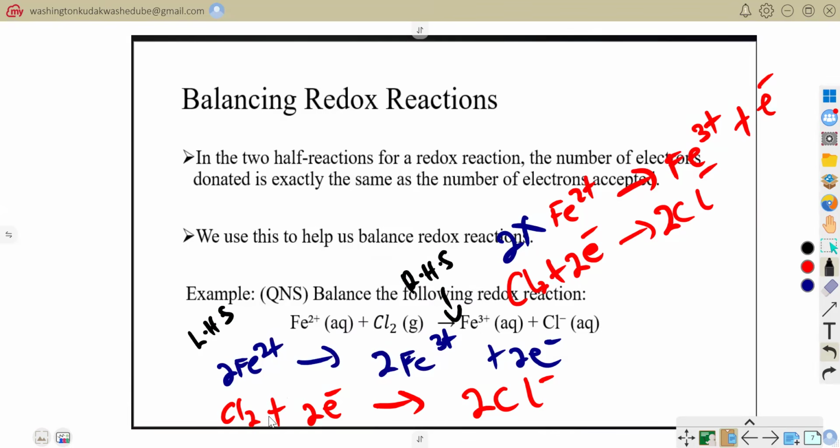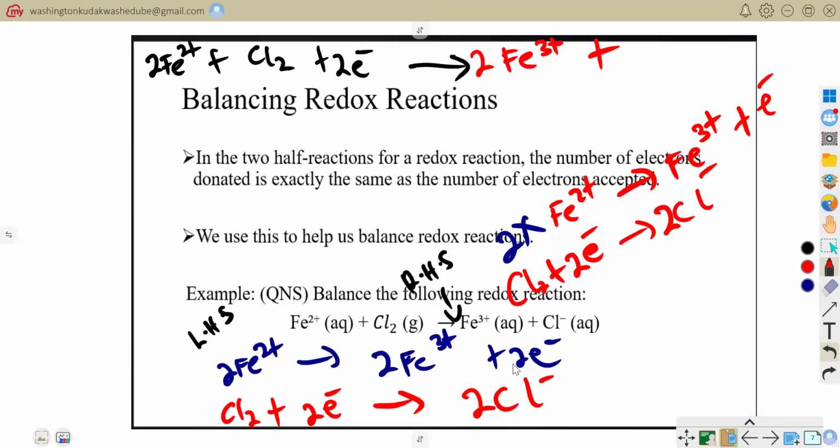So if I take everything that is on the left hand side, I'm going to have 2 Fe2+, chlorine plus 2 electrons to form what is on my right hand side. I would have what? 2 Fe3+, 2 electrons plus I would have 2 chloride ions.